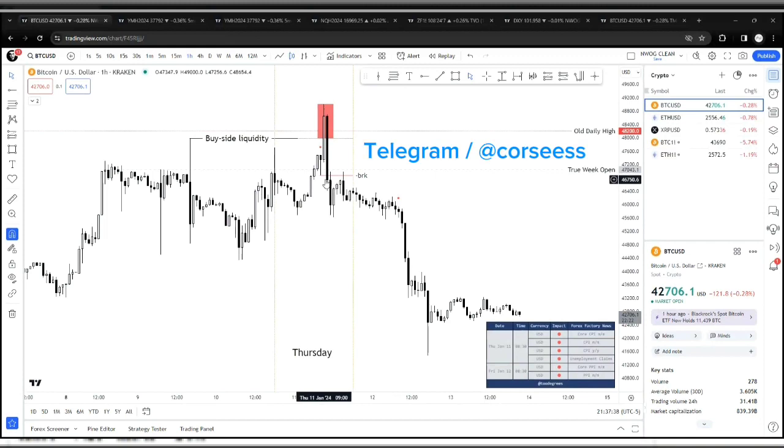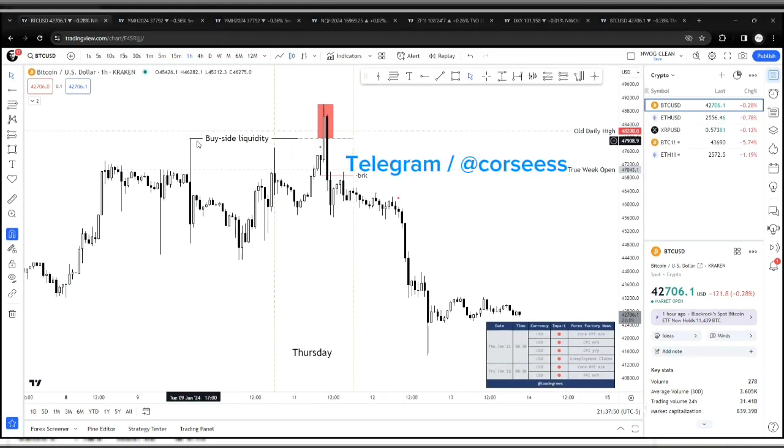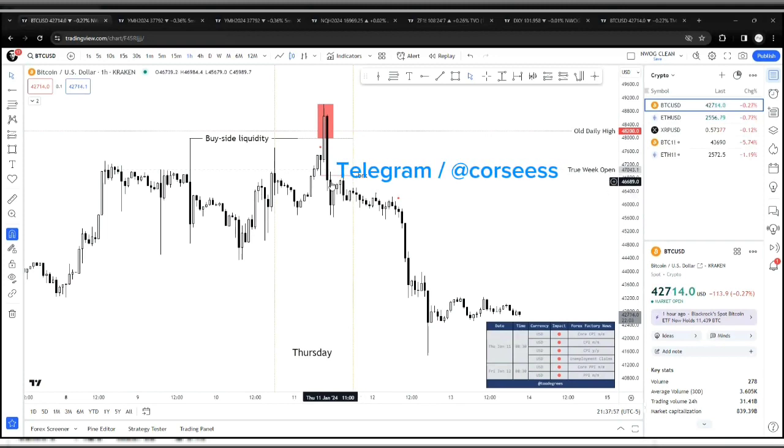Price traded back up into the breaker, which was the reason for this buying pressure that pushed price above this old daily high and cleared this buy side liquidity. So when price went back to the breaker, it had no reason to go back above this side because the work had already been done.